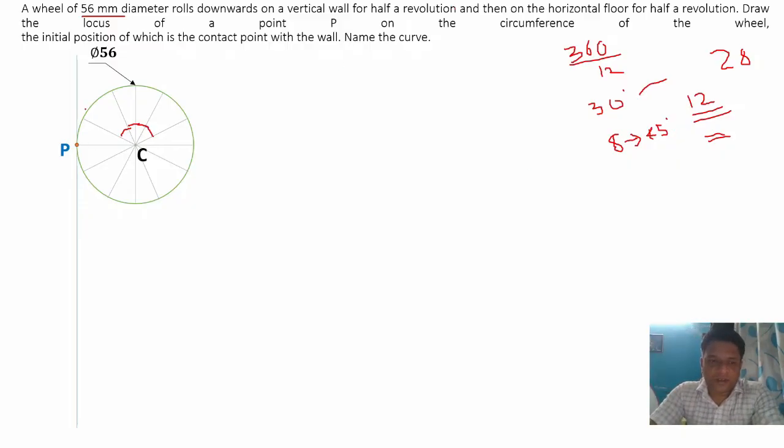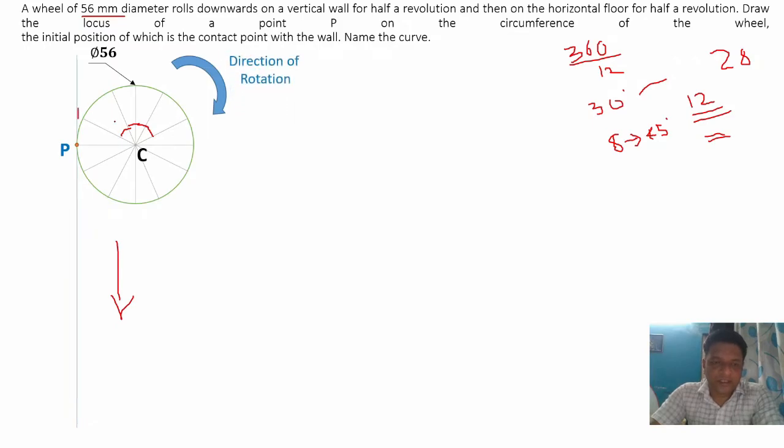So first draw the circle, then divide it into 12 parts. Now give the naming. For that, first understand the rotation of the circle. The circle will rotate in this direction, that is the clockwise direction, in the downward way. That's why, when the direction is clockwise, we give the naming in a clockwise direction. After point P, the next point will be this point, point number 1.